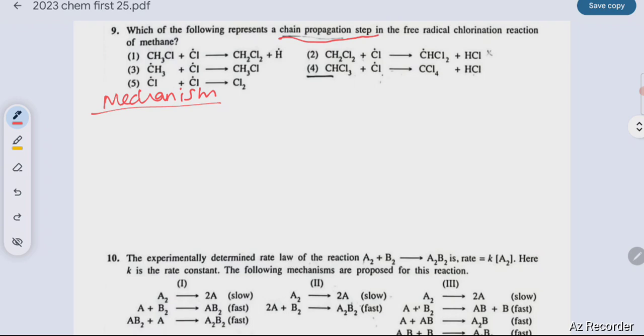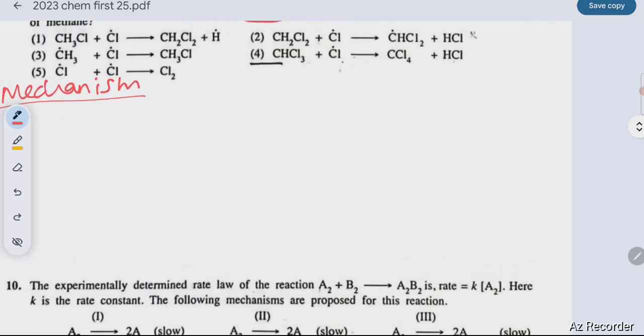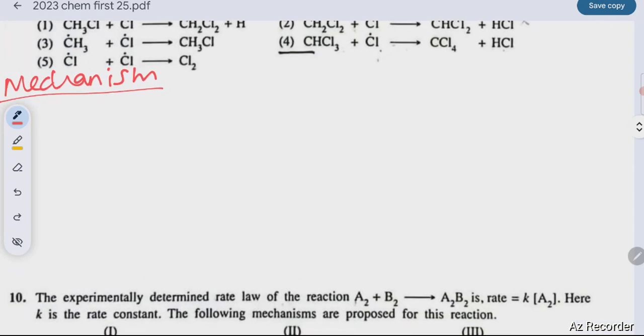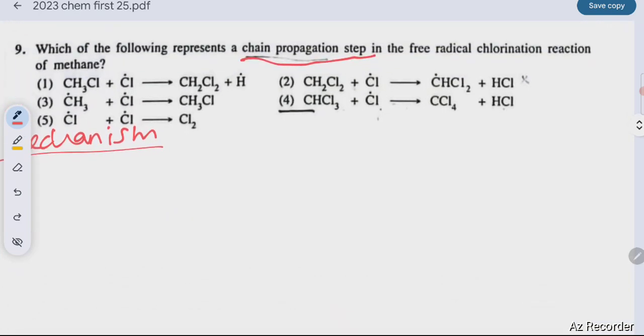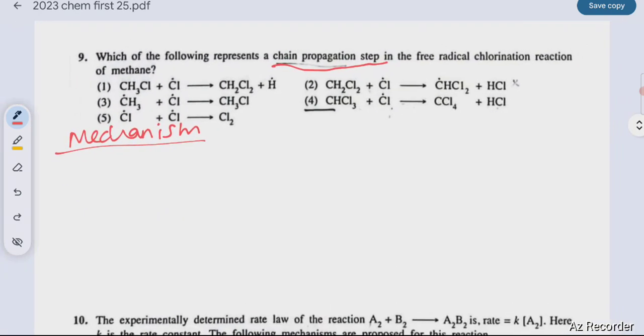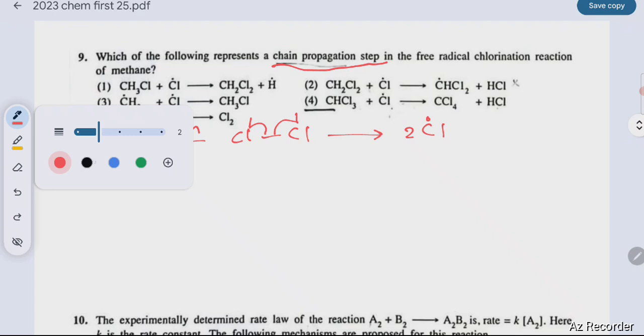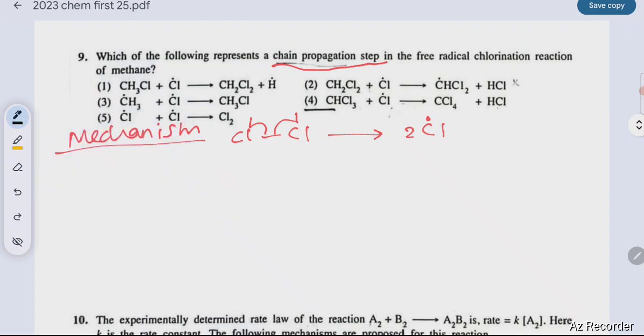First the initiation step is this one. The Cl-Cl bond should be cleaved, right? So it forms 2 Cl dot, by this cleavage. So this is the chain initiation step.